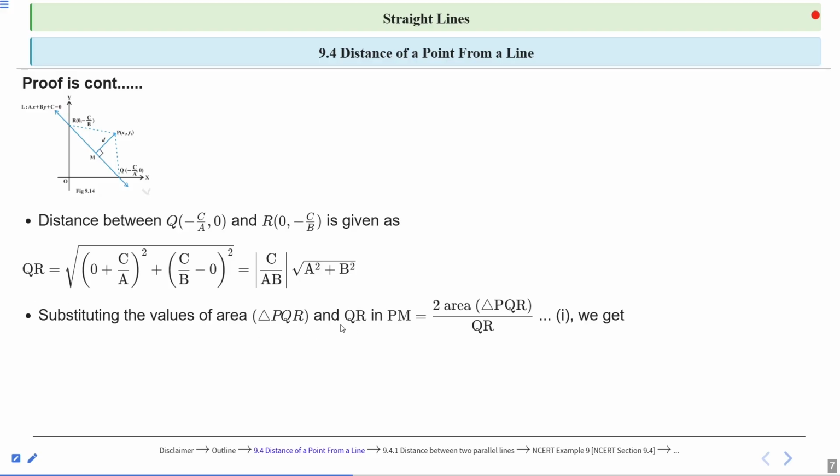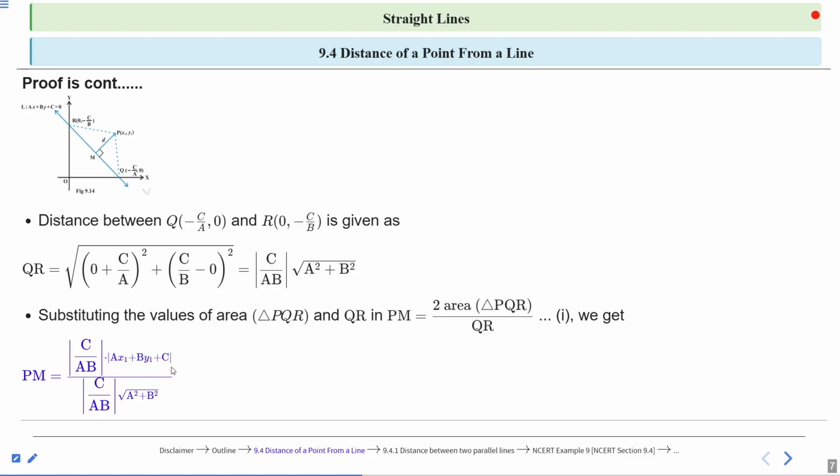Substituting these values, we get PM equal to modulus of c over ab times modulus of ax1 plus by1 plus c divided over modulus of c over ab times square root of a square plus b square.